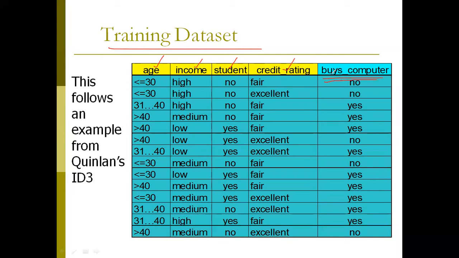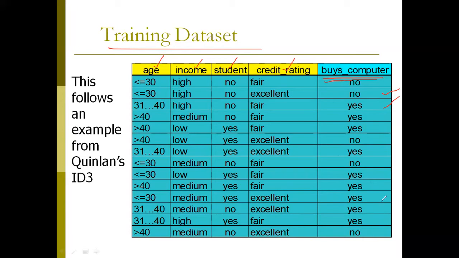What is the class here? Whether that particular person is buying a computer or not. Buys computer is the class attribute here. The class labels are yes and no, and each record is represented with its class label.